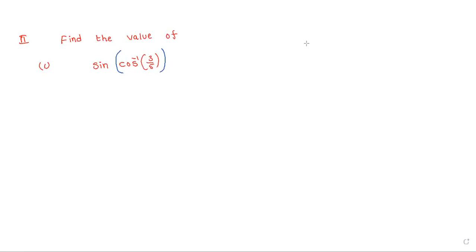First we consider a right angle triangle. Cos is 3 by 5, so this is the angle, this is the opposite side, the adjacent side, and the hypotenuse. What is the cos formula? Adjacent side by hypotenuse.